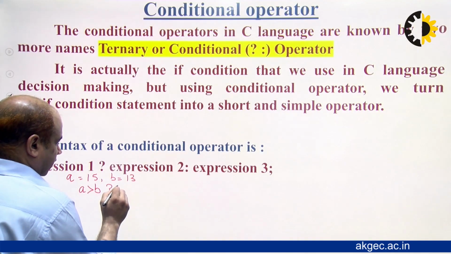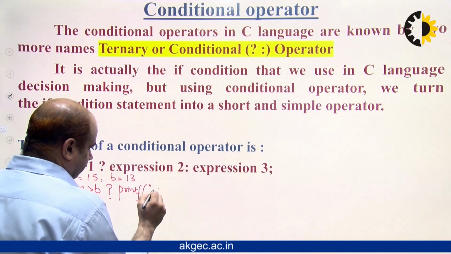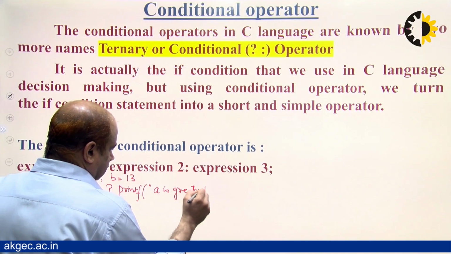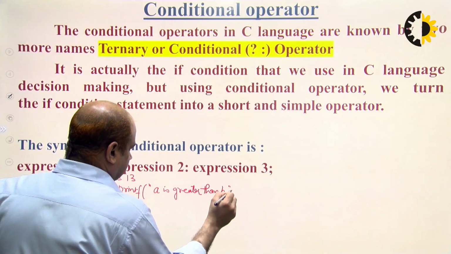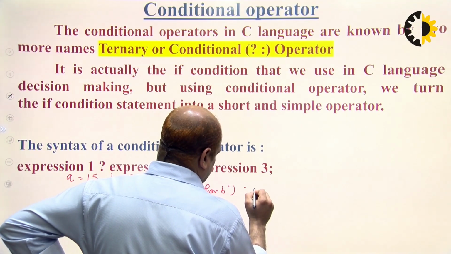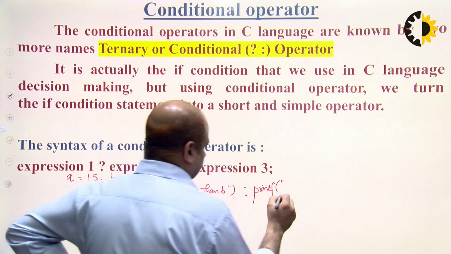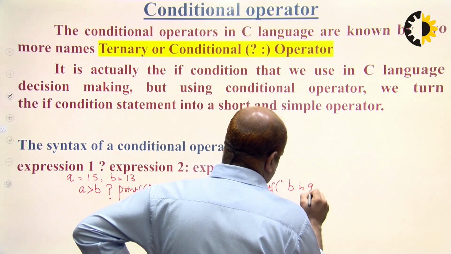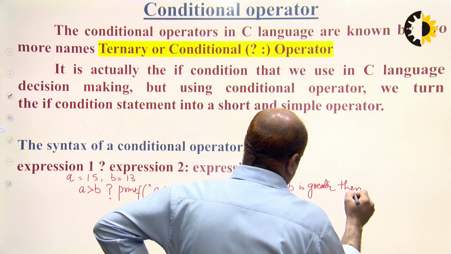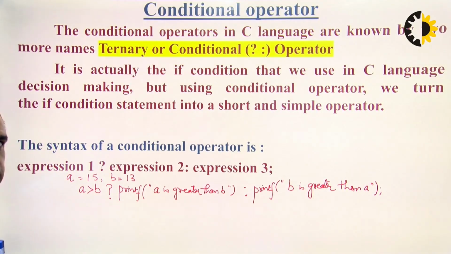We use the conditional operator and write a printf statement, A is greater than B. We will write the else part also. This is one way to write the conditional operator.